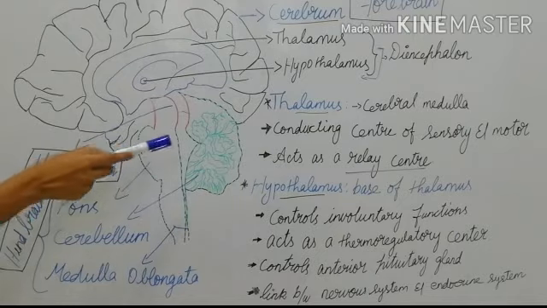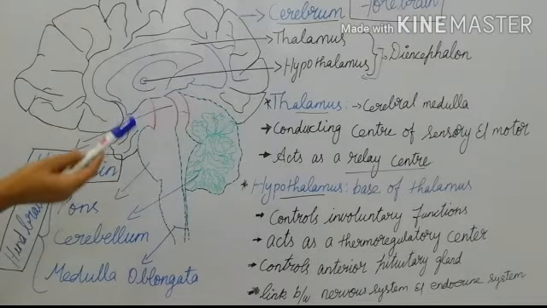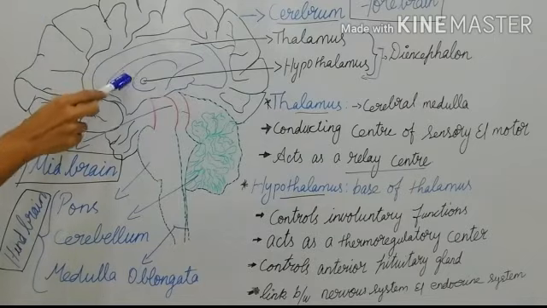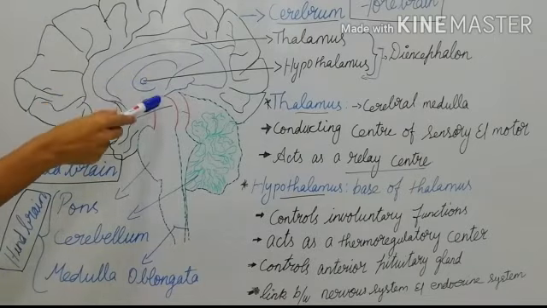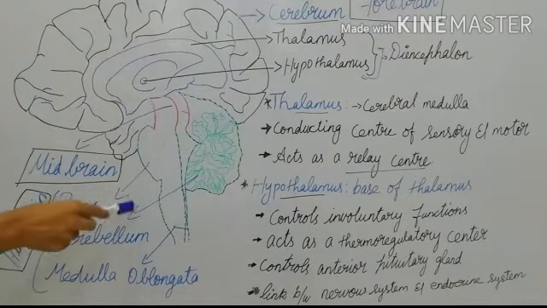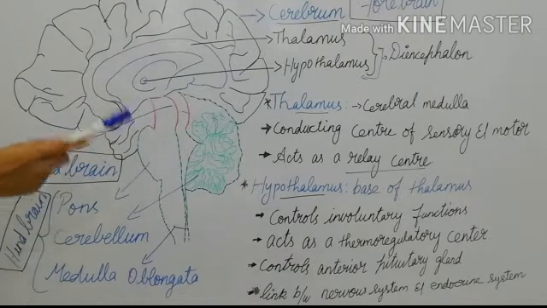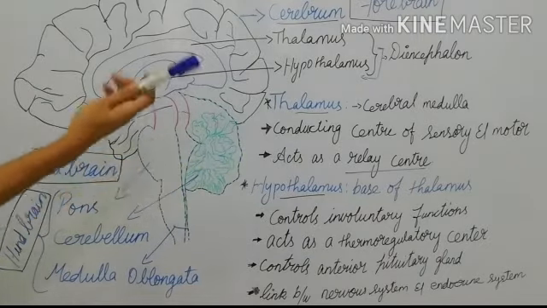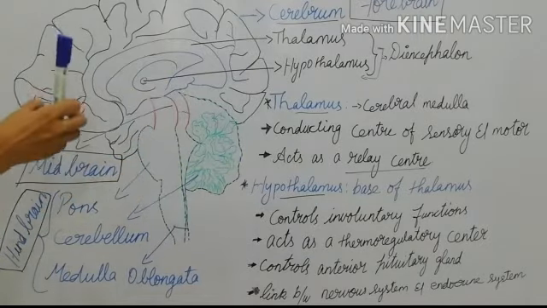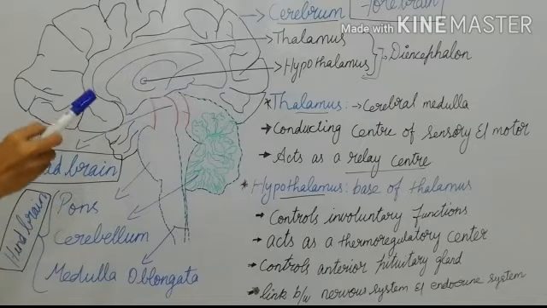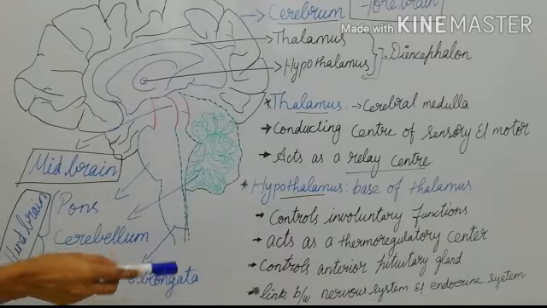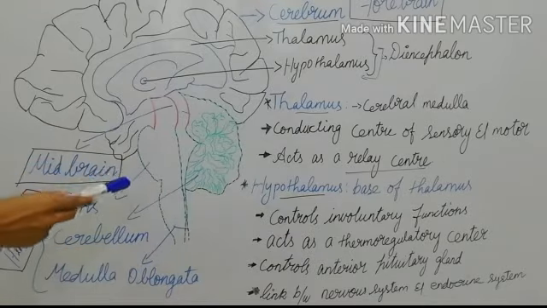Sensory neurons carry the information from sense organs to the central nervous system, and motor neurons carry the information from the central nervous system to that particular area, that is to the muscle or to the gland. And this thalamus acts as a relay center, that is it will receive and pass. So it will receive the impulses from the central nervous system and pass this information to the muscle or to the gland. For that, this thalamus is helping.